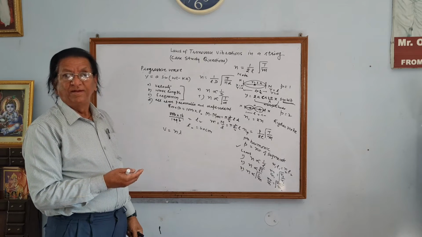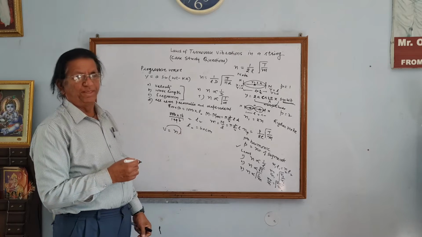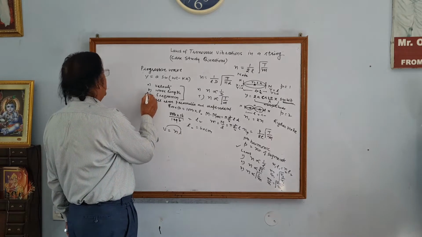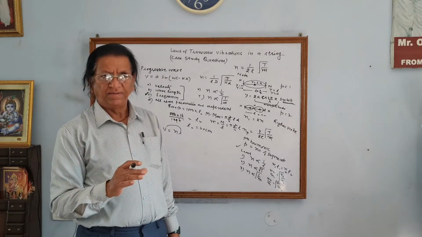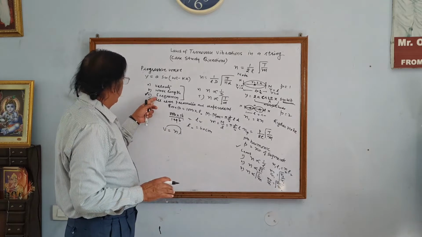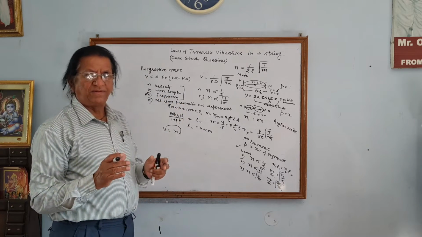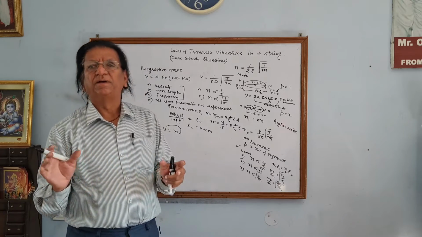No. Velocity is dependent upon wavelength. This is the quantity frequency which doesn't depend upon velocity. It doesn't depend upon wavelength. Frequency is the only parameter in a progressive wave which is independent of other parameter.